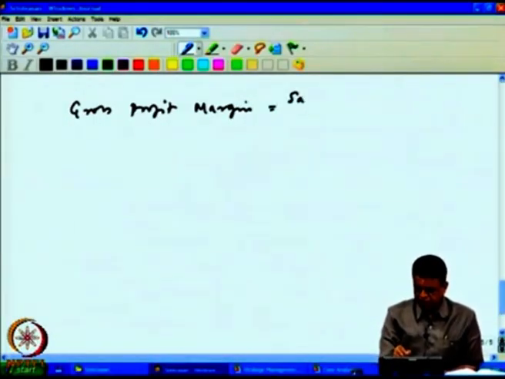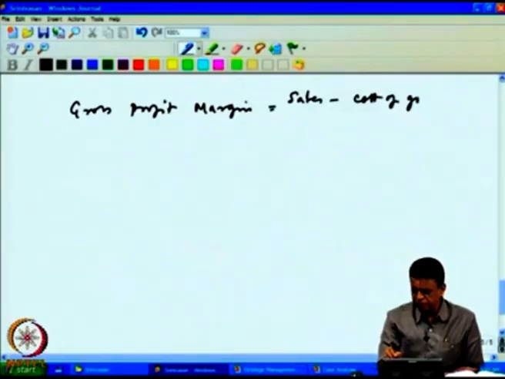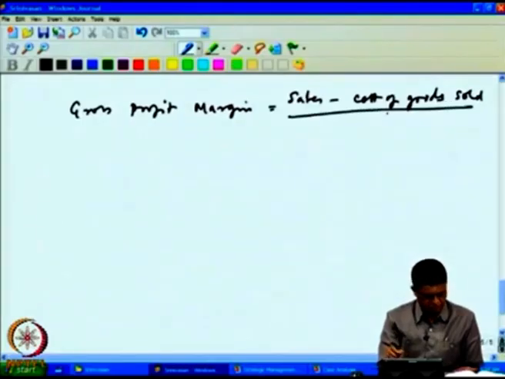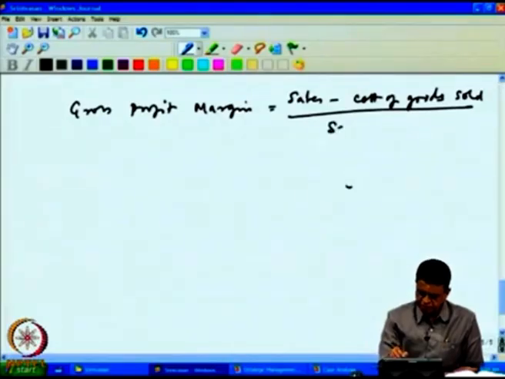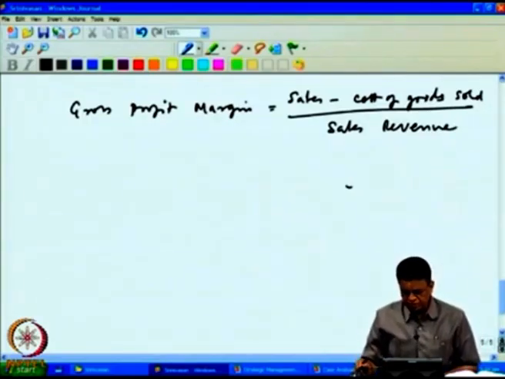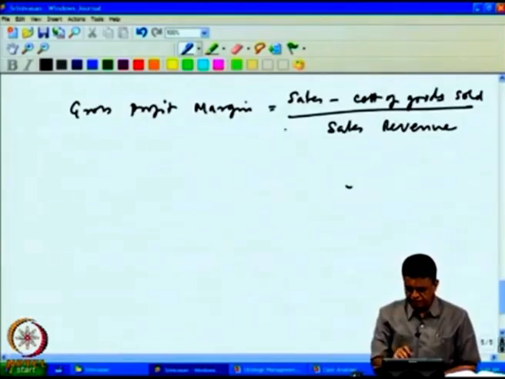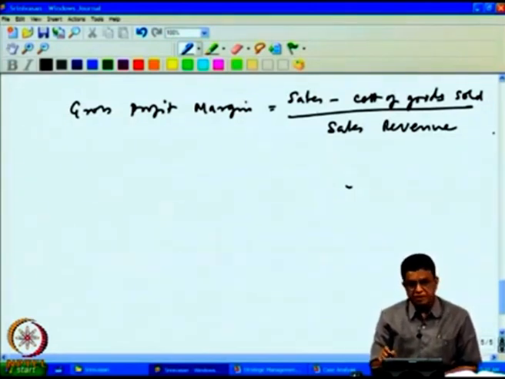This gross profit margin is calculated by sales minus the cost of goods sold, divided by the sales revenue.